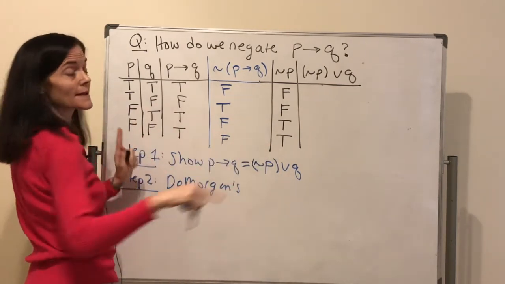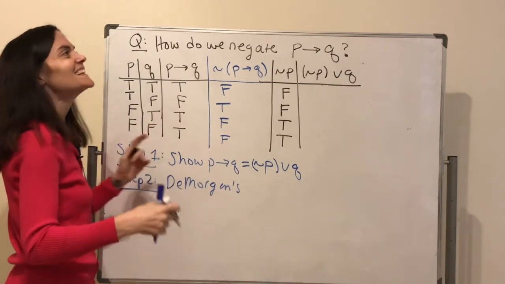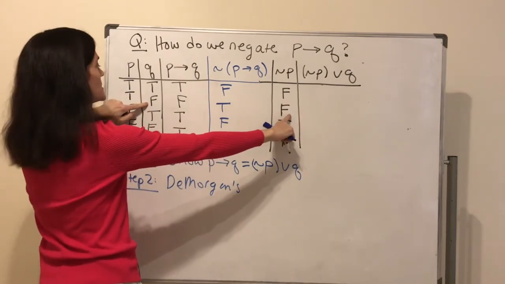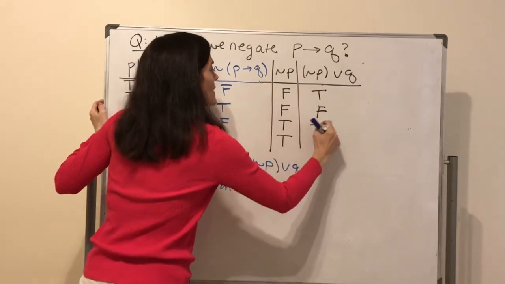Then the or is false, and every other time, if one is true or both are true, the or is true. So here it looks like row 2 is the only time we have a false, and it's true everywhere else.